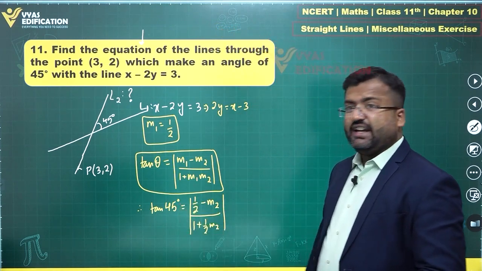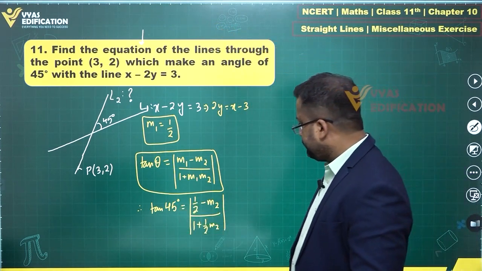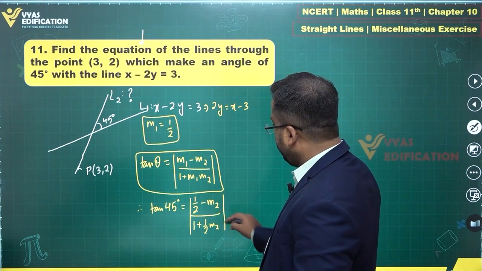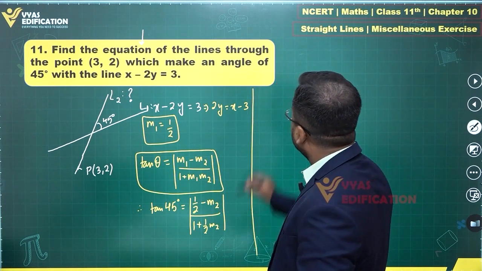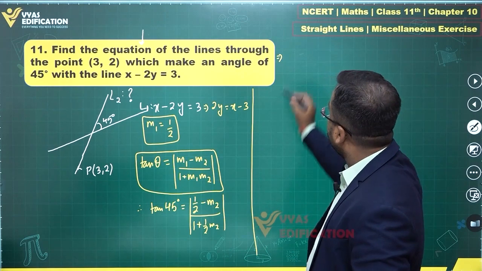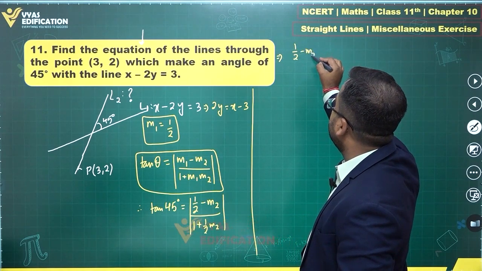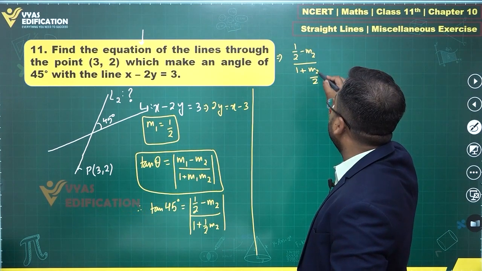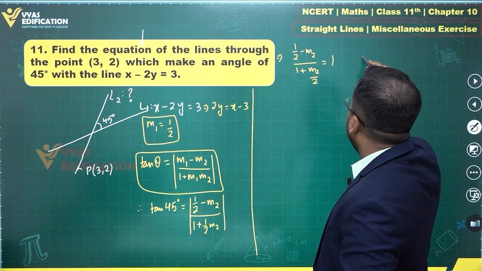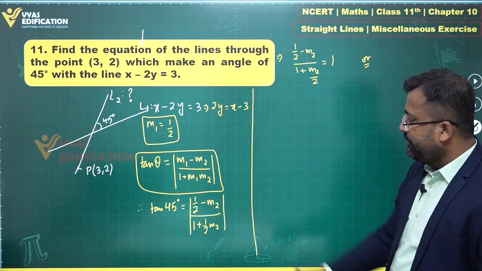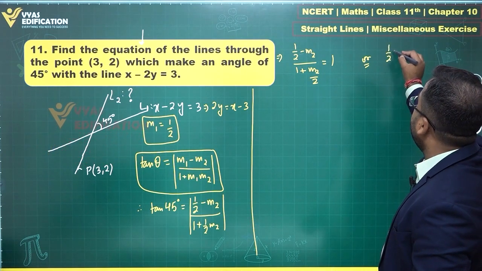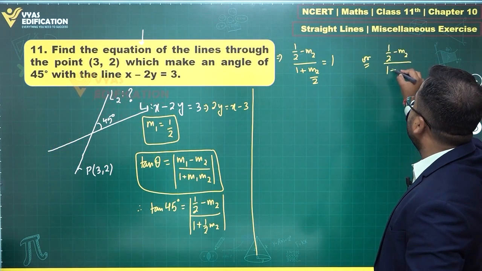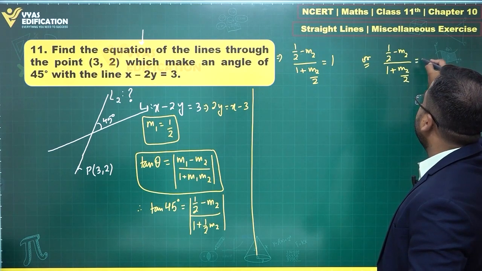What is tan 45 degrees? Tan 45 degrees is simply 1, right? And you have a modulus. So the expression that you will get is (half minus M2) upon (1 plus M2 by 2) equal to 1, or, after removing the modulus, (half minus M2) upon (1 plus M2 by 2) equal to minus 1.